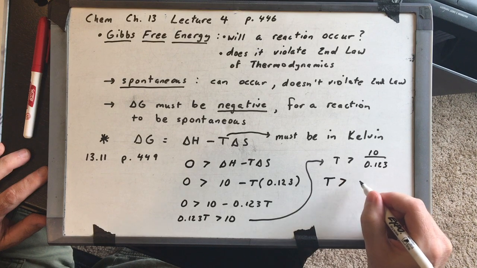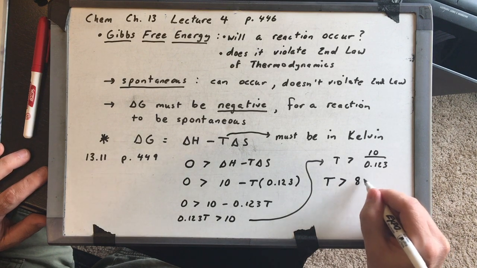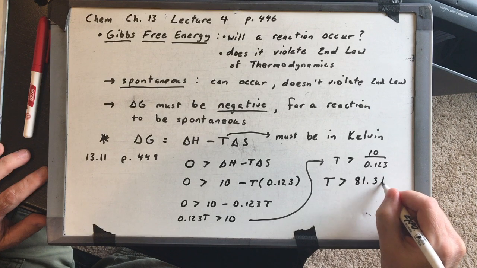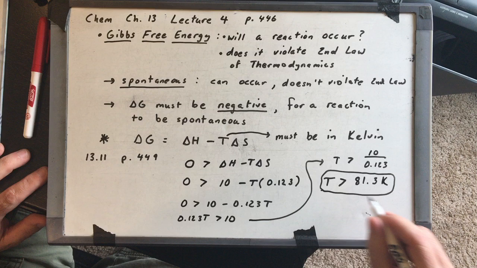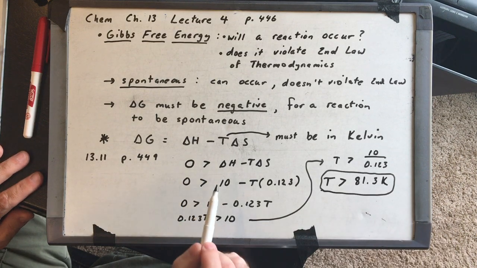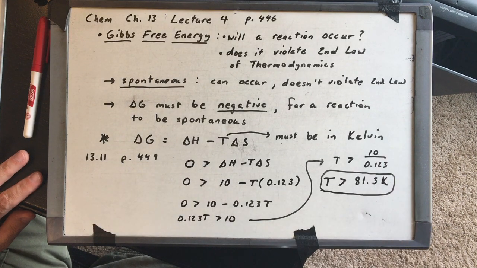So T would be greater than 81.3 Kelvin. So if it gets colder than 81.3 Kelvin, then this particular reaction won't go. But as long as it's warmer than 81.3 Kelvin, then this reaction is spontaneous.